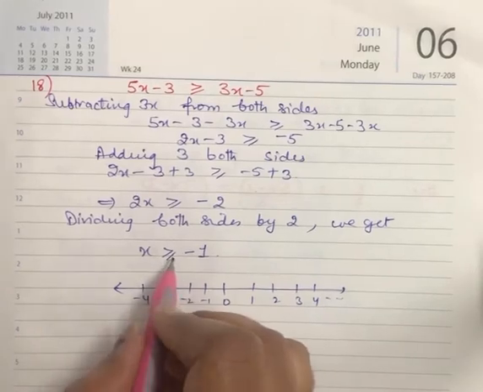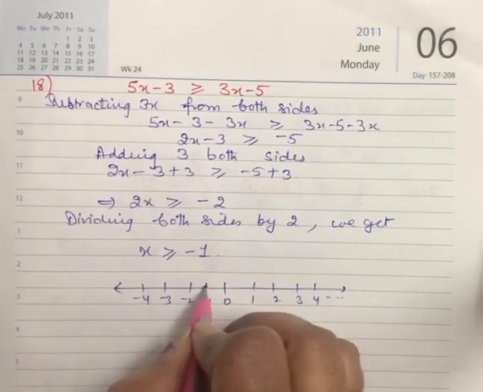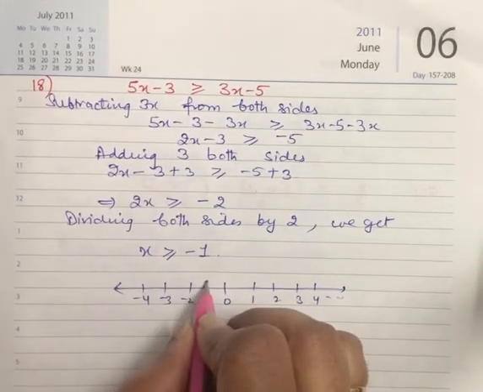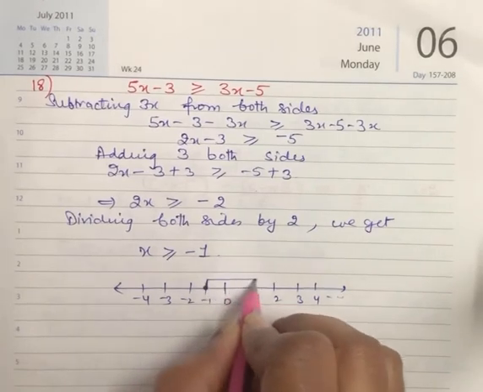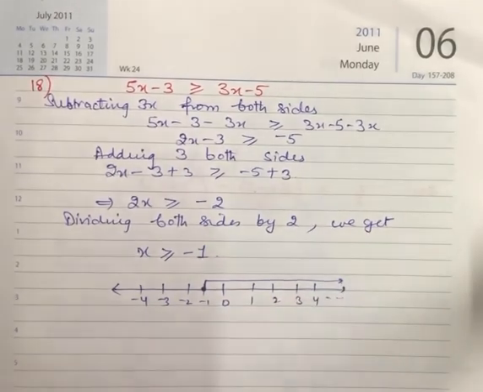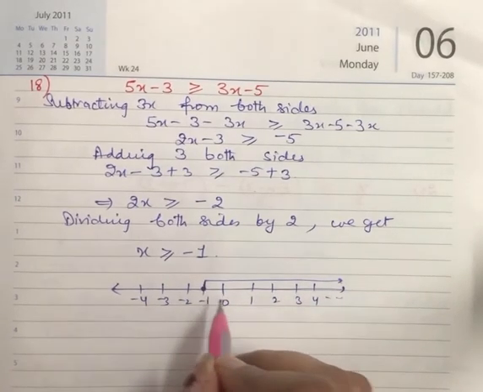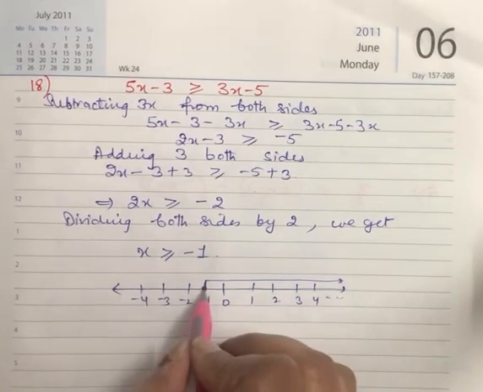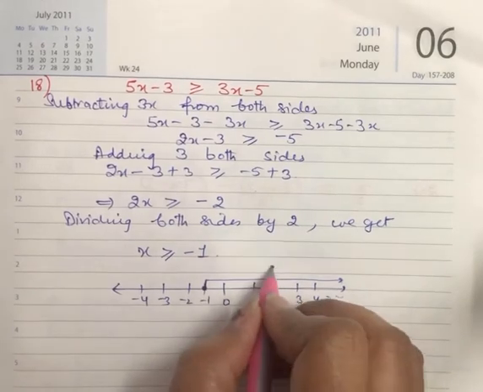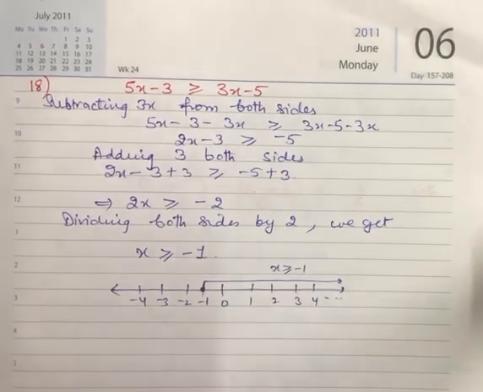So x is greater than equal to minus 1, so it will start from this point, and it will go from minus 1 to the right hand side, and minus 1 is included here. So x is greater than equal to minus 1.